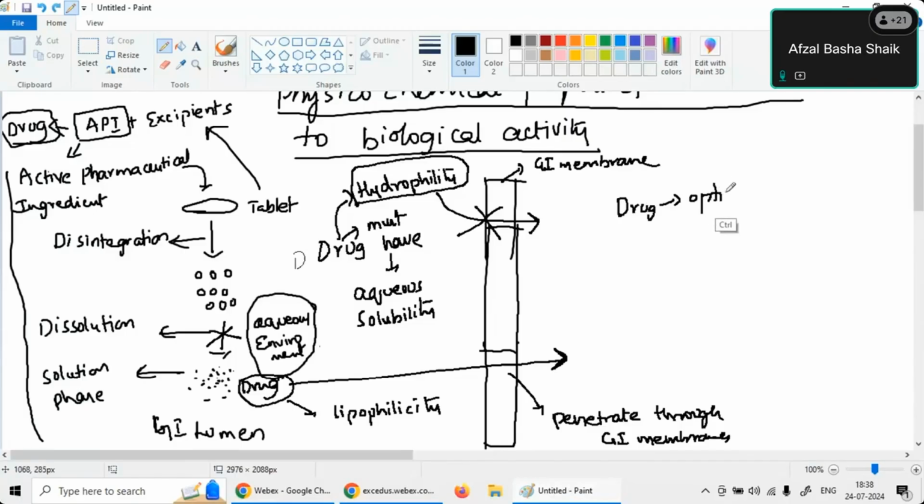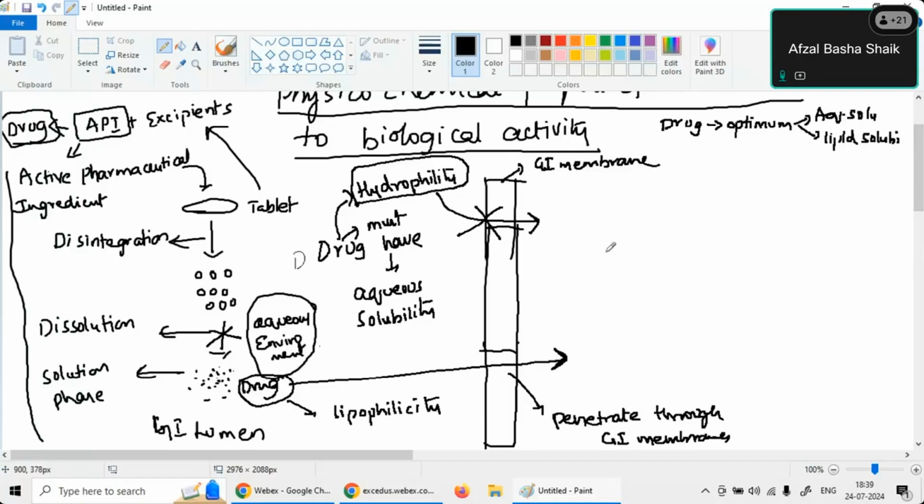That is why a drug molecule should have optimum aqueous solubility and lipid solubility. Then only it can be used as a drug, right?